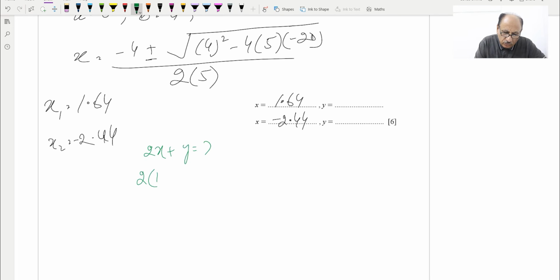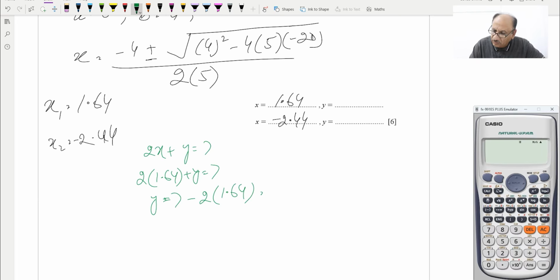So 2 into 1.64 plus y is equal to 7. So y is equal to 7 minus 2 into 1.64, and this will be one value which we can calculate. 7 minus 2 into 1.64, and this is giving us 3.72.